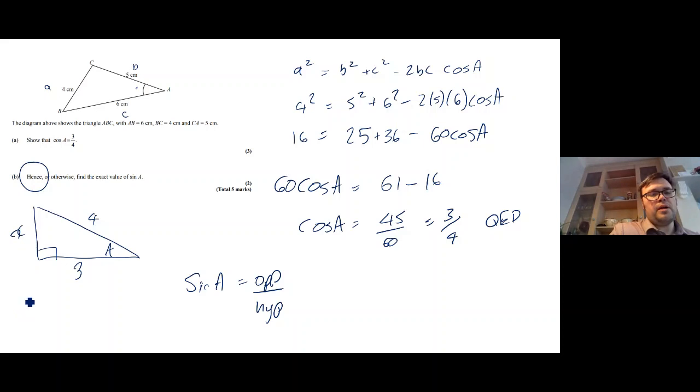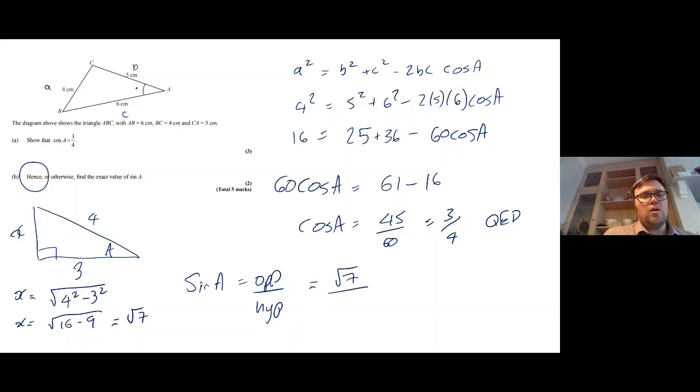So in simplest terms, x equals the square root of 4 squared minus 3 squared. Again, it's a simple equation of Pythagoras. So that's going to be 16 minus 9, which is equal to root 7. Therefore, sine A is going to be opposite, which is root 7, over the hypotenuse, which is 4. And that would be the answer, because it just asks for the exact value of sine.